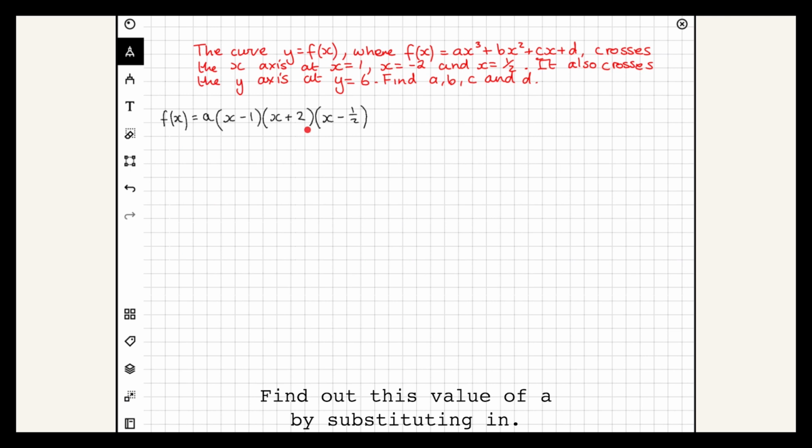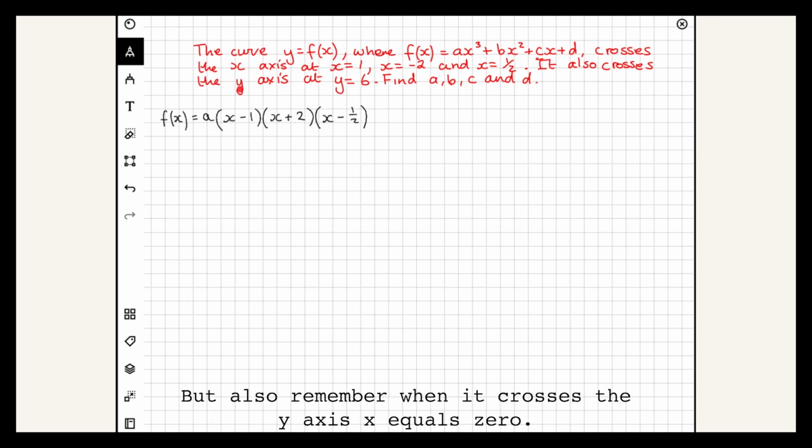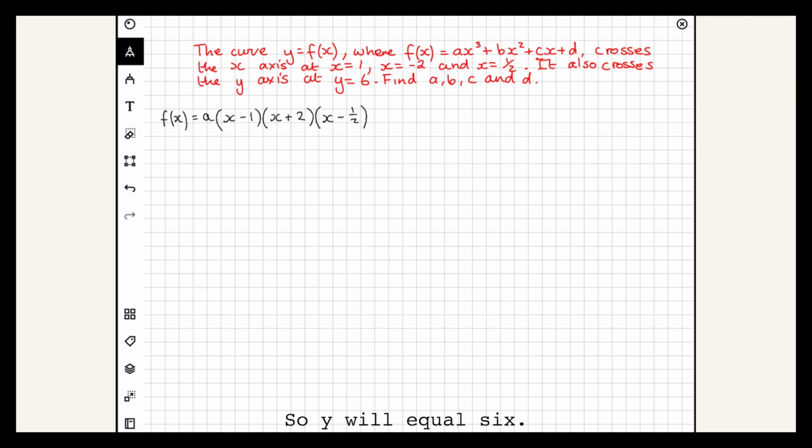We can find out this value of a by substituting in what we know about when it crosses the y-axis, because when it crosses the y-axis, y will equal 6, but also remember when it crosses the y-axis, x equals 0. So y will equal 6, x is 0, so this term here will be minus 1, here will be 2, and here will be minus a half.